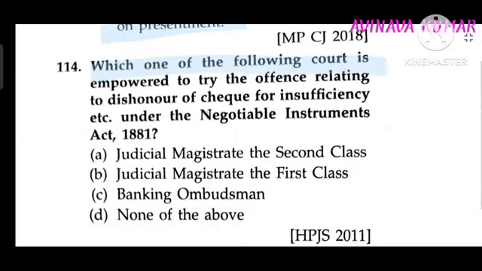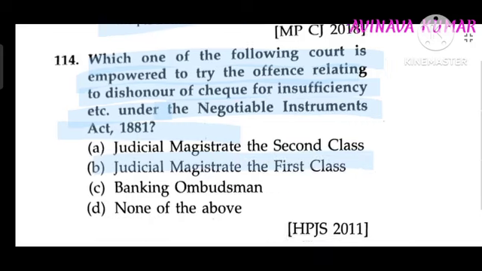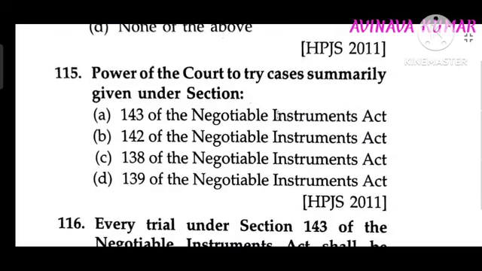Which one of the following courts is empowered to try the offence relating to dishonor of check for insufficiency of funds etc. under NIA? Judicial Magistrate First Class. The power of the court to try cases summarily is given under Section 143 of NIA.